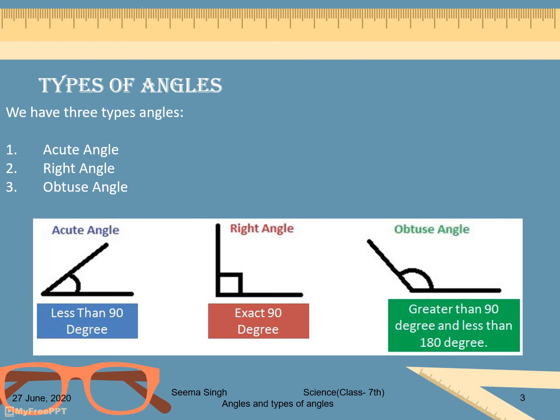So the obtuse angles are the angles which are greater than 90 degree and smaller than 180 degree. I hope we are able to understand this. We have an image on the screen giving a clear picture of all these three angles.